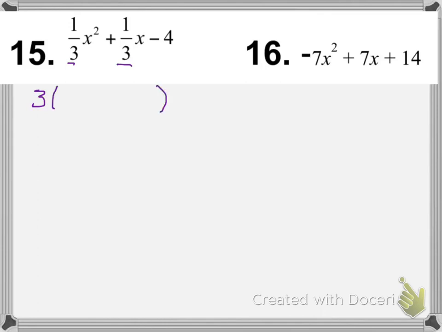And so basically we're just multiplying by 3 here, and so we have x squared plus x and then minus 12.